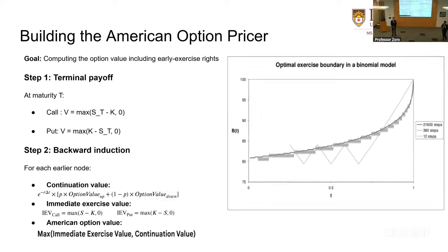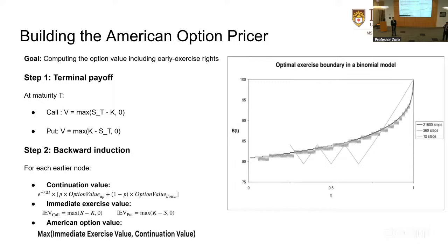Now, getting to calculating the American option at every time step. The first step would be the terminal payoff, which is basically your intrinsic value, the maximum of your intrinsic value and 0 for both call and put options. Once you have that, you do backward induction for every time step from there to time 0. At every step, we'll evaluate two values.